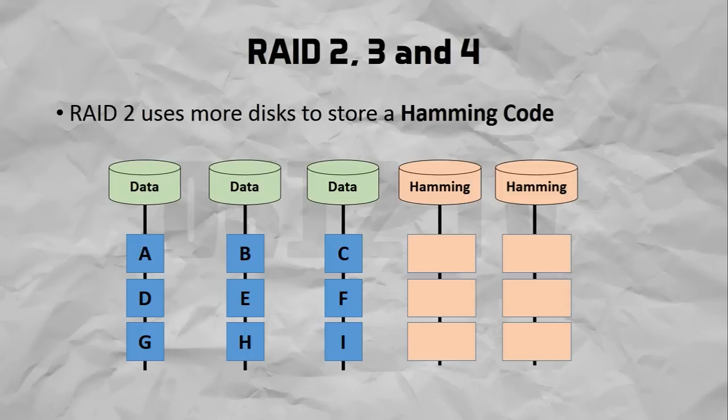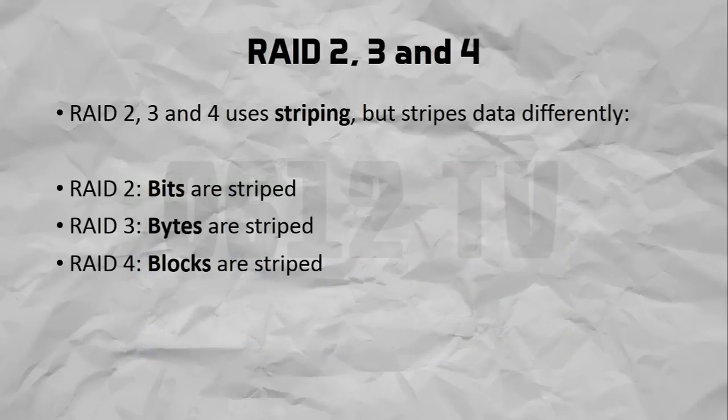So anyway, as we've just seen, RAID 2, 3, and 4 all make use of striping, but they actually approach this in a slightly different manner. In RAID 2, we're actually striping the bits. In RAID 3, we're striping bytes, and in RAID 4, we're striping blocks of data. While this might seem like a very minor detail, this actually causes RAID 2, 3, and 4 to be implemented quite differently.